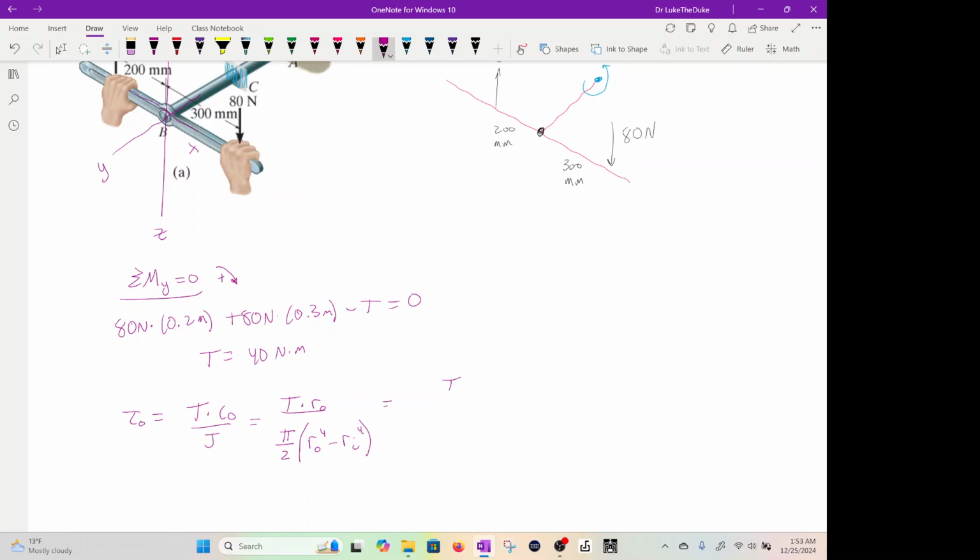So torque, let's go ahead and plug the numbers: 40 Newton meter over pi over 2 times 0.05 meters to the fourth minus 0.04 meters to the fourth. And your outer shear, so tau out, is 0.35 megapascals.